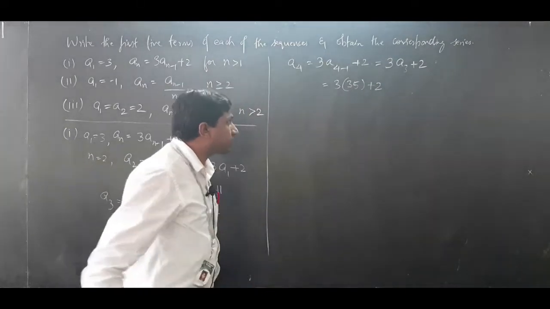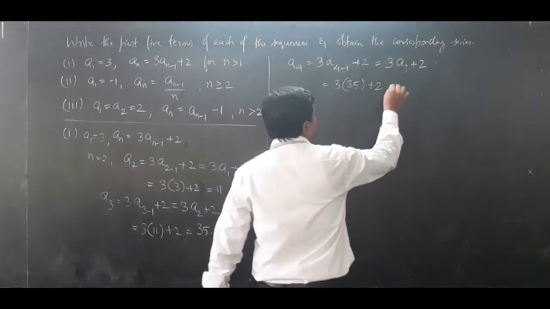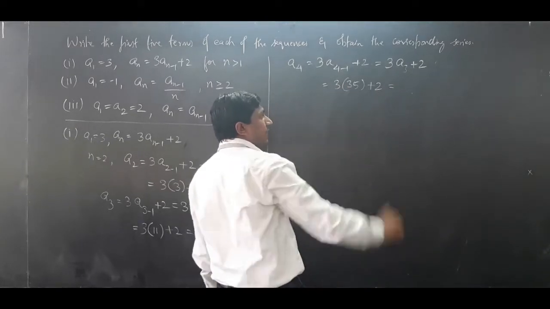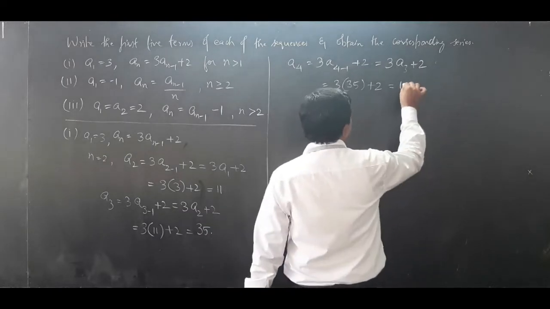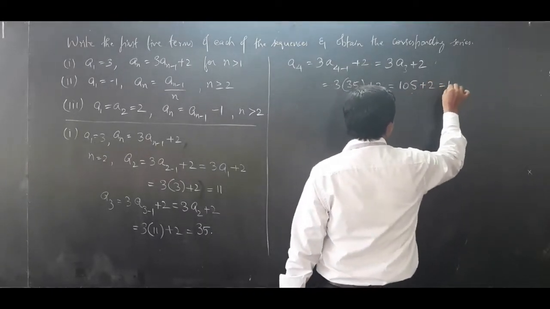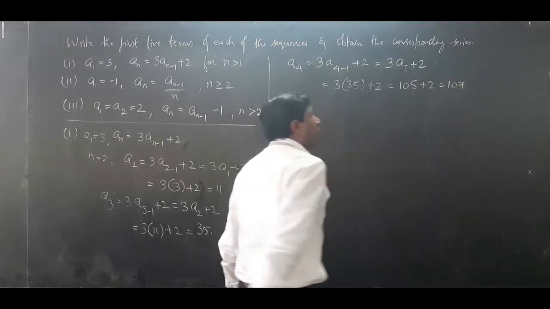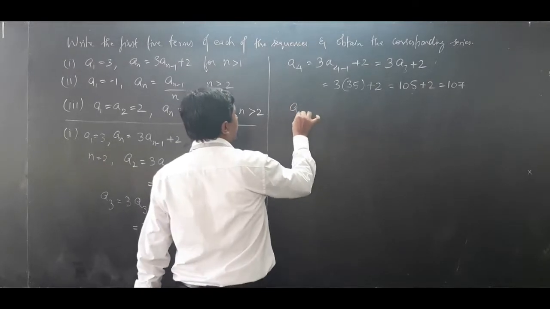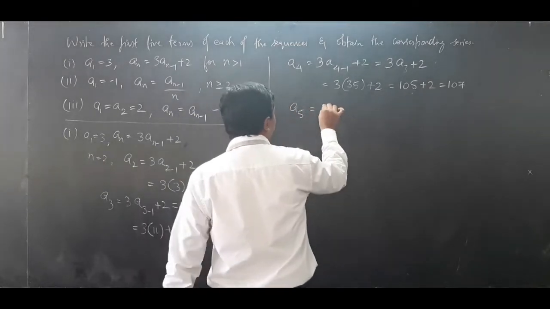So what is 3 into 35? 5 threes are 15, we get 1 carry. 3 threes are 9 plus 1, 10. So that is 105 plus 2, which is nothing but 107.